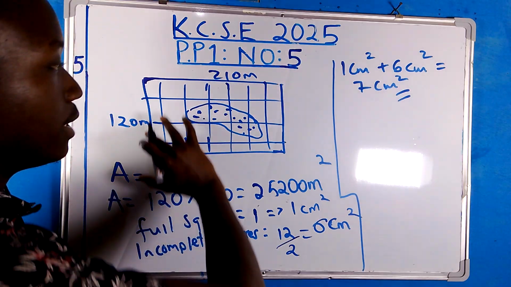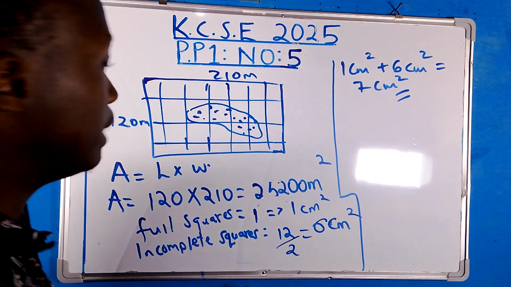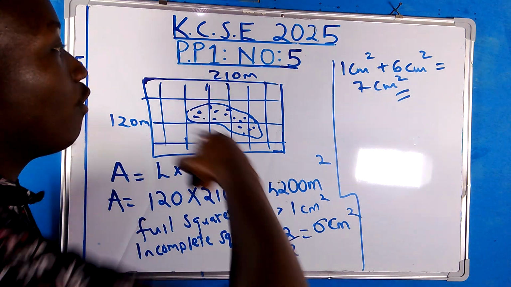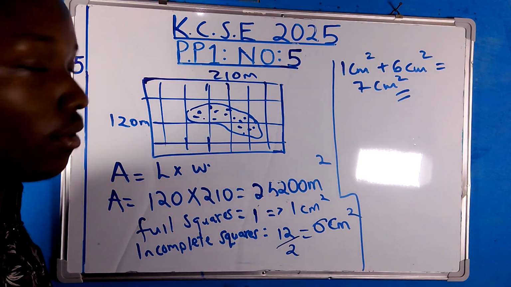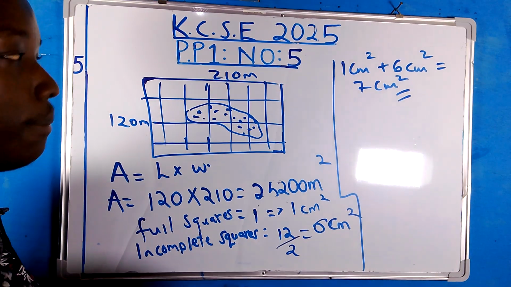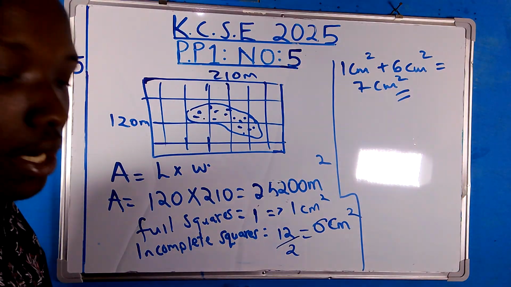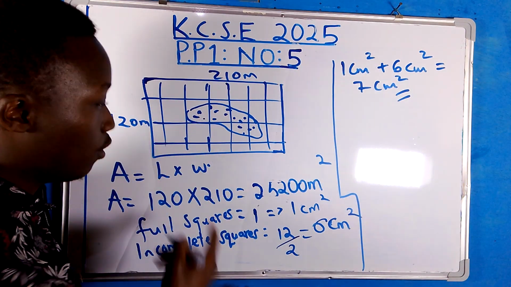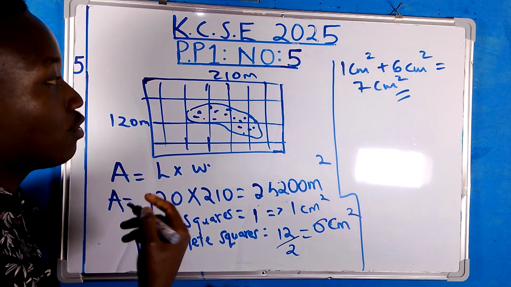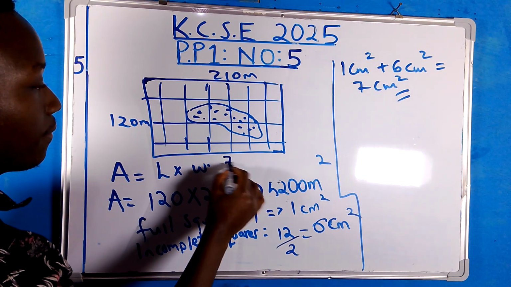And since we are supposed to determine the area of the unshaded region, we are going to determine the area of the farm on the map, or the drawn area on the map. So we count the number of squares, from the actual paper, not from my board, and it is equal to 7 squares.